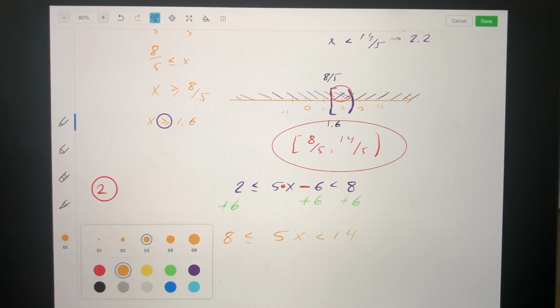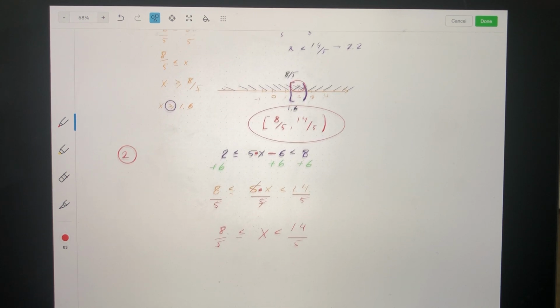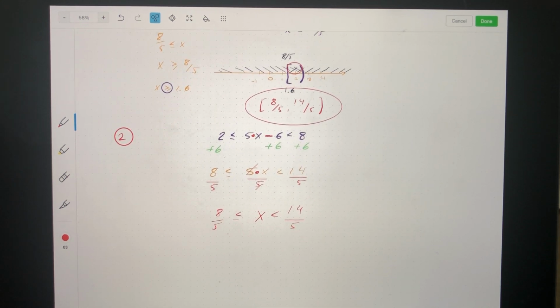Now the next step is to undo the multiplication, so we divide each side by 5, which is 3 sides, and now these cancel off, giving us 8/5 less than or equal to x less than 14/5. And this is the same answer as we had before.